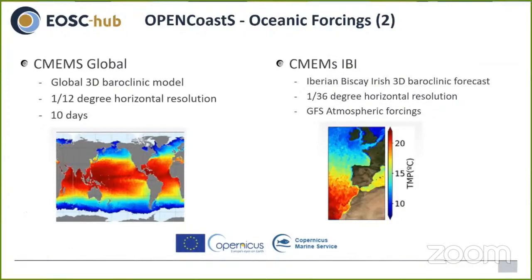This service gives us products to force the coastal forecasts. Both CMEMS Global and EB are available, providing 3D forecasts of baroclinic circulation. CMEMS Global covers the whole globe at 1/12 degree resolution, while CMEMS EB provides a finer output of 1/36 degrees, but only for the Iberian Biscay-Irish area.